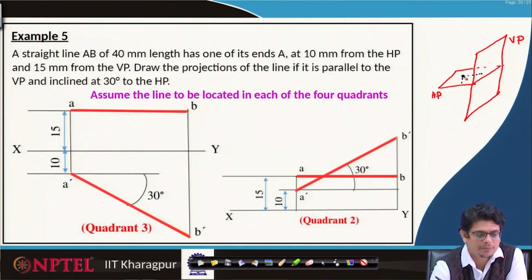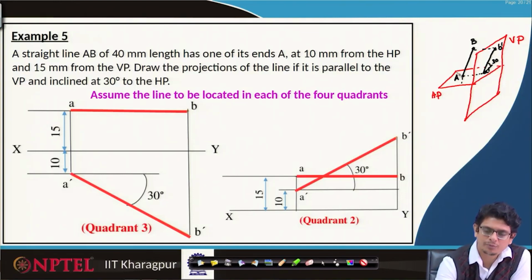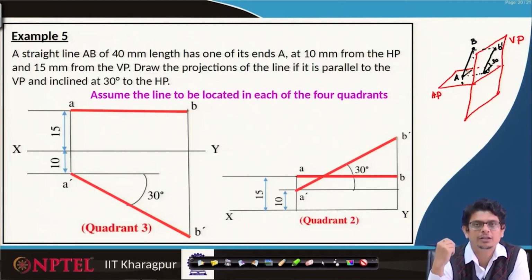Now, this A makes 30 degrees to horizontal plane. So, the point supposed to go it in that direction. So, this is A point, this is B point, project this one A prime, project that B prime. So, we will be in a position to see that as the projection 30 degrees A prime B prime, project this one A down, project this one B all the way somewhere. So, that will be that line and our convention is rotate this horizontal plane by 90 degrees.